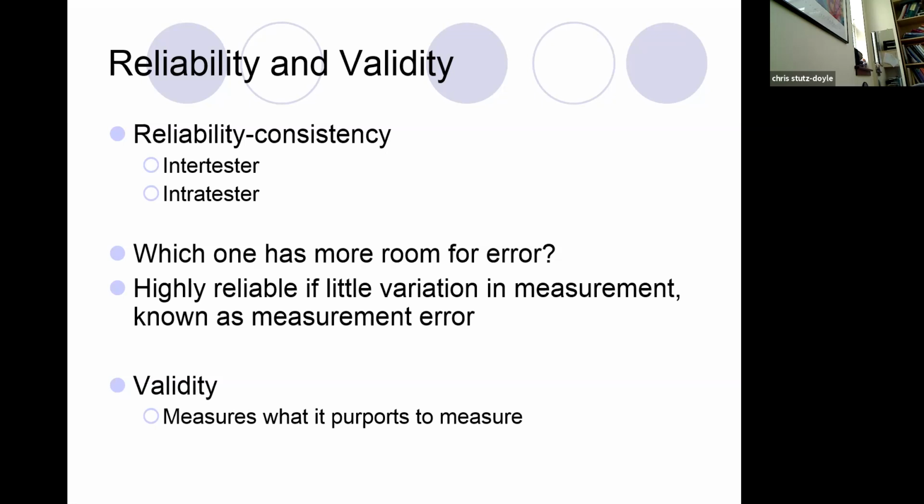Now, reliability, as I said, is reproducibility. So what's the difference between inter-tester and intra-tester? Inter-tester means that Andrew measures the range of motion prior to the therapeutic intervention.